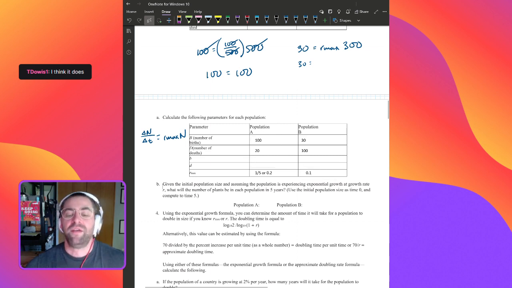Cool. Given the initial population size and assuming the population is experiencing exponential growth at growth rate R, what will the number of plants be in each population in 5 years? Use the initial population size as time 0 and compute to time 5.